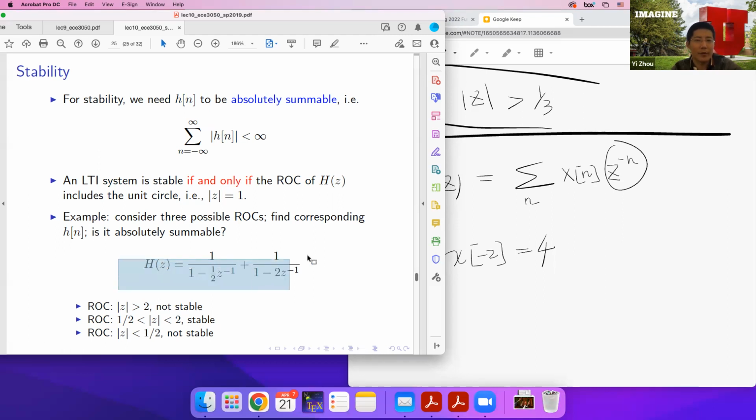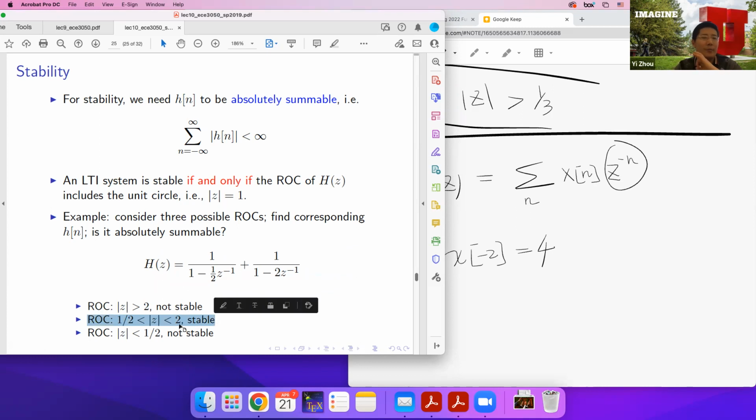And for example, given such a Z transform, we have two poles. One is 1/2, one is 2. Now, these two poles divide the entire Z plane into 3 regions. So there are 3 possible ROCs, and only one of them corresponds to a stable system.